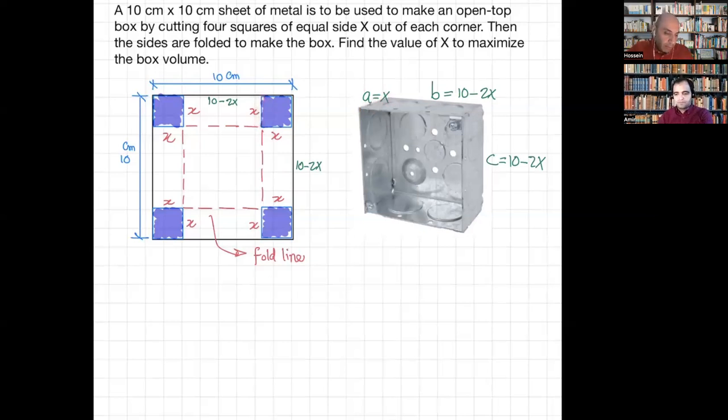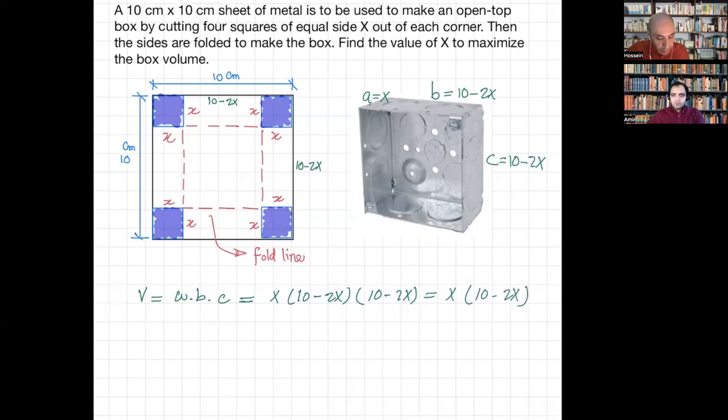And the volume of the box, if I call it V, is equal to A times B times C, which is equal to x times (10 minus 2x) times (10 minus 2x), and I can simplify it to x times (10 minus 2x) squared.